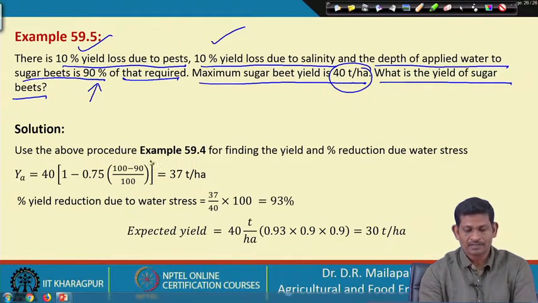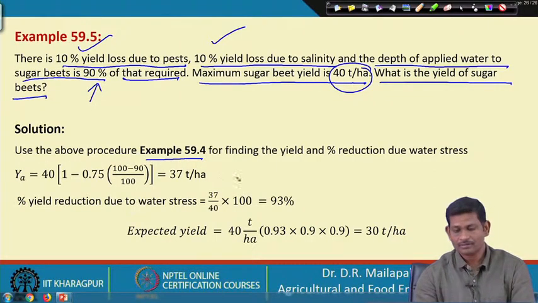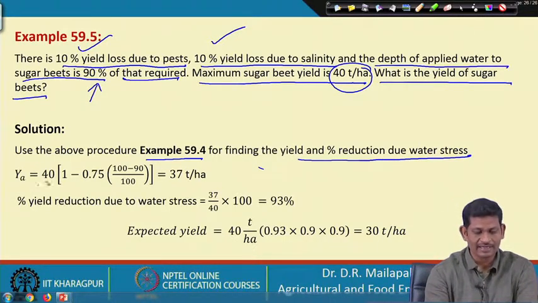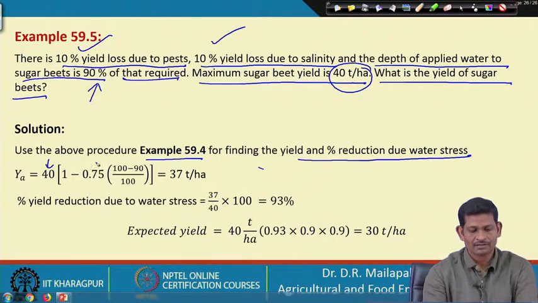So, use the above procedure, that is from the previous example. Find the percentage yield reduction due to water stress, that is Ya, 40 is Ymax, and 1 minus this is the slope of that particular curve, 0.75, 100 minus 90.